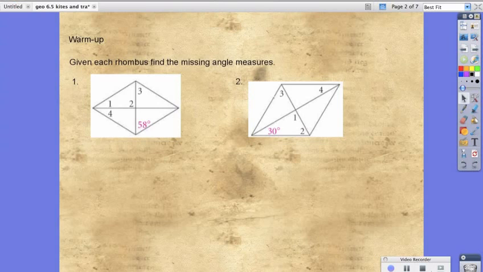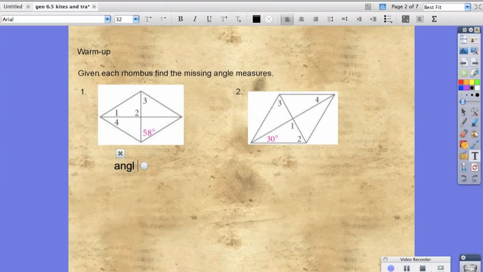Now, because example 1 is a rhombus and the diagonals of a rhombus bisect the angles, that means that angle 3 equals 58 degrees. And because angle 2 is where the diagonals intersect, angle 2 is perpendicular, so it's 90 degrees.